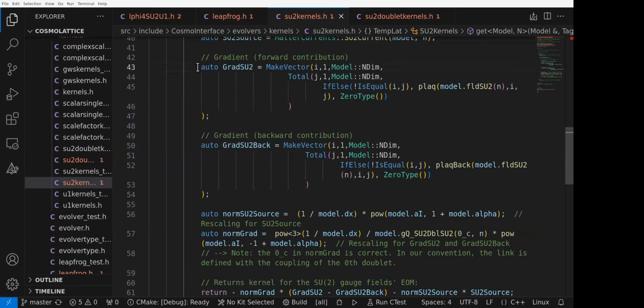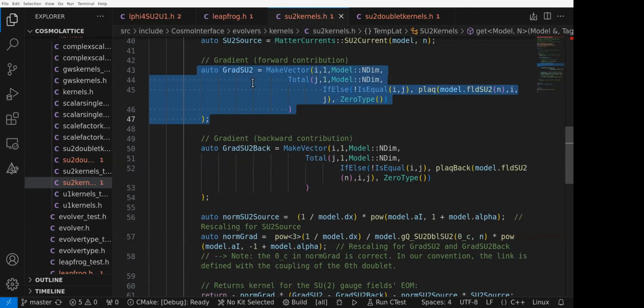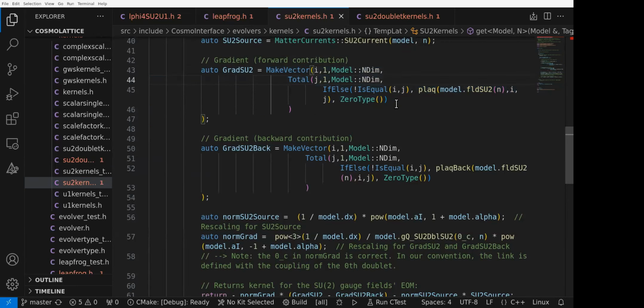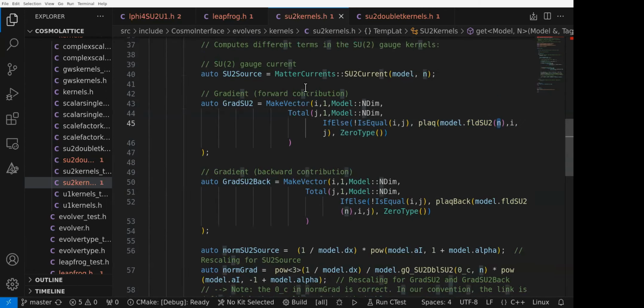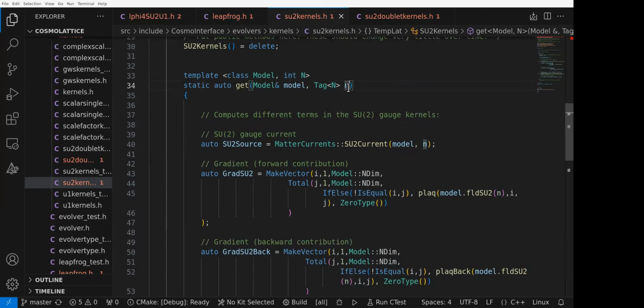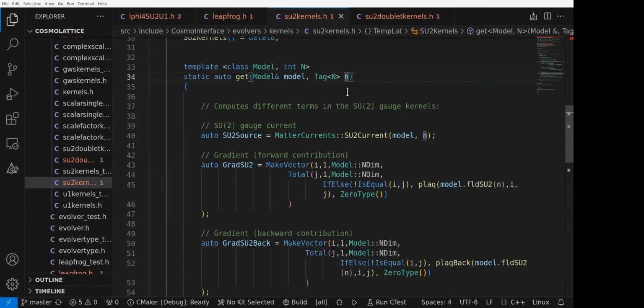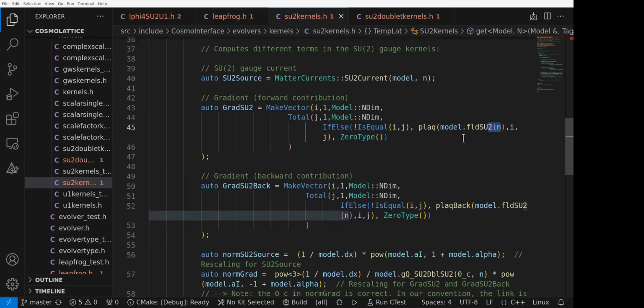And this is what is done at the level of this function. This computes the sum of the plaquettes that is relevant to the covariant derivative. To do that, you have this plaquette function that really just takes the links that are stored in this FL field SU2 variable n. The n is just there in case you had more than one gauge field, which we are not doing here, but you could do that for a different gauge field.